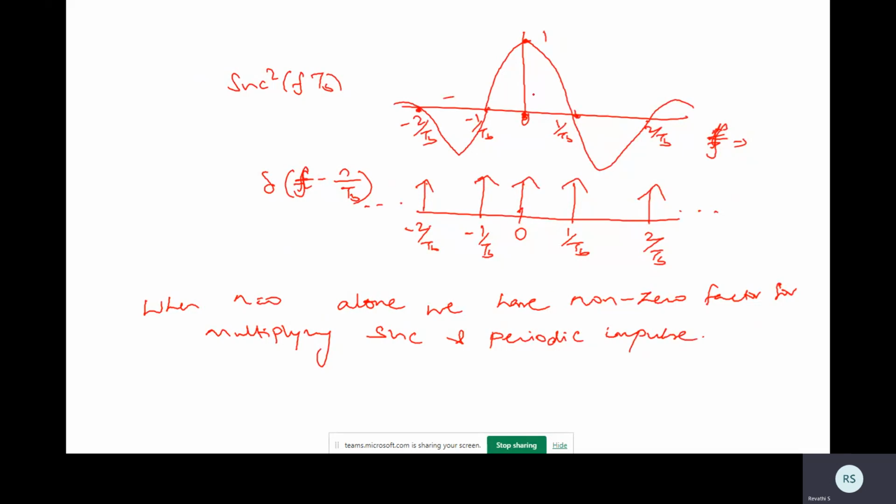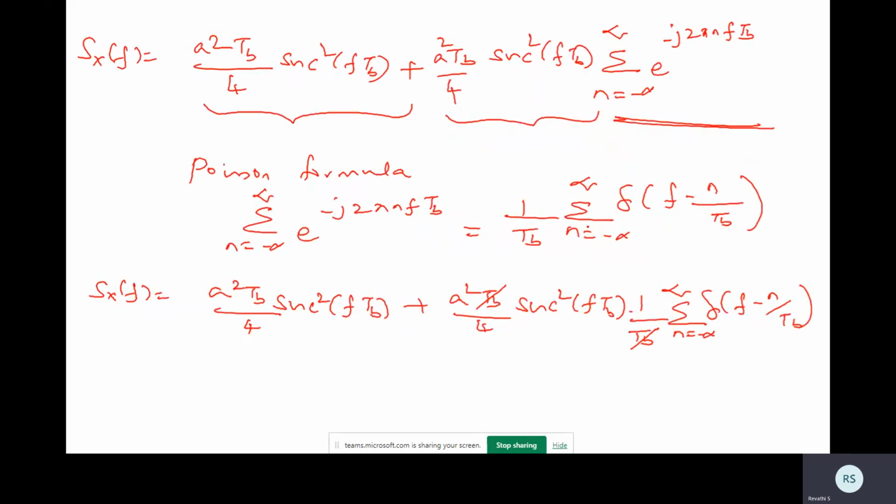Only at one point, and at all the other points you are having 0. So accordingly, you can minimize this equation. At f equal to 0 and n equal to 0, you get only delta of f, and sinc square of f Tb becomes 1. At f equal to 0, sinc square of f Tb becomes 1.